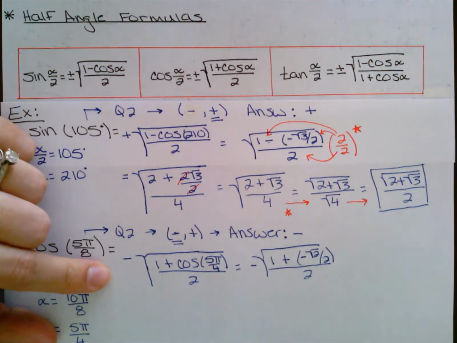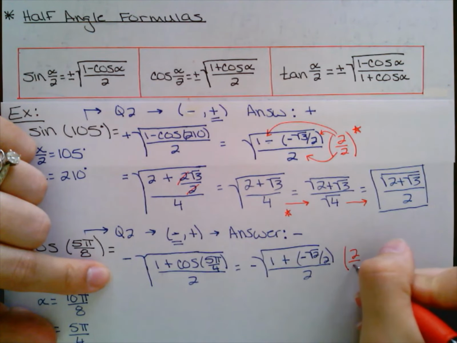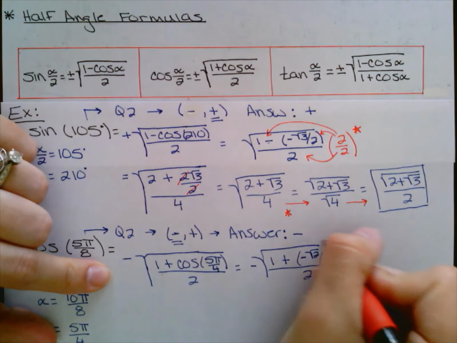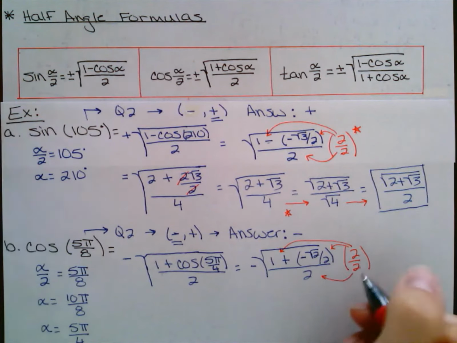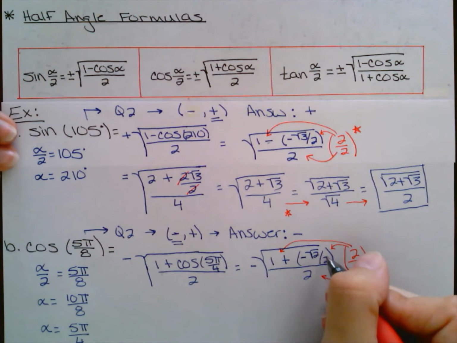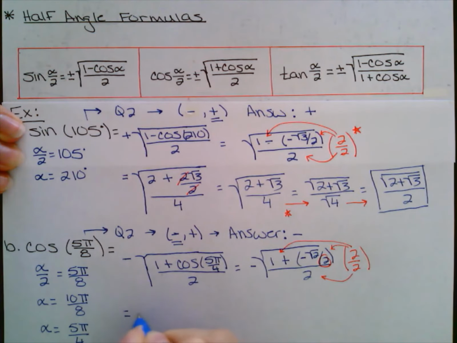Now the next step is the one I told you would happen every single time: multiplying top and bottom by 2 over 2. Those 2's get multiplied to every single term. Remember, the purpose of multiplying that 2 is so that it cancels with this denominator. So now I can go straight to saying negative square root, 2 times 1 is 2.